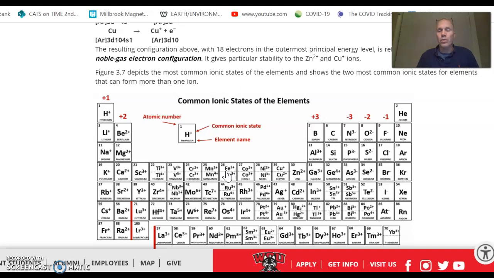The only three transition metals that don't need Roman numerals, and then you're just going to have to memorize these charges, are silver, cadmium, and zinc. All right. So silver's got a +1, cadmium has got a +2, zinc has got a +2.